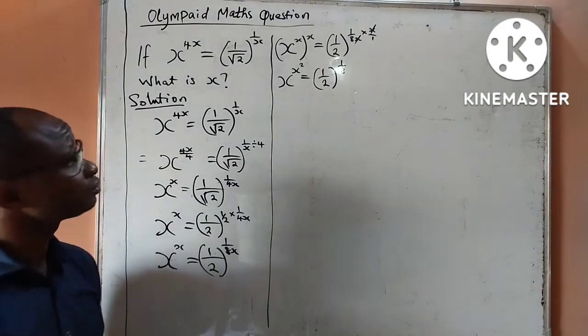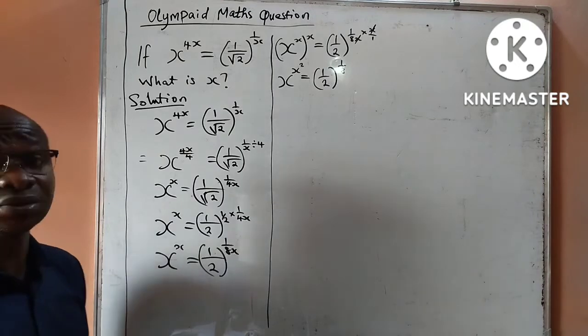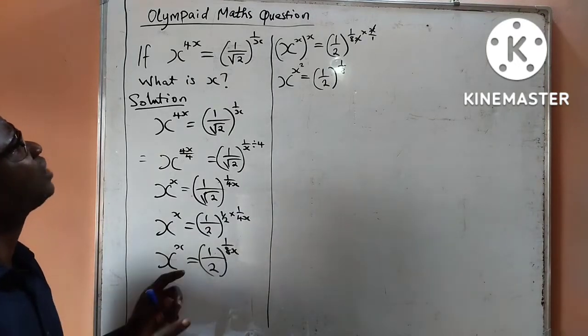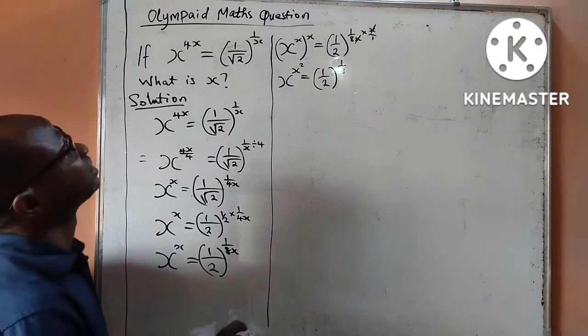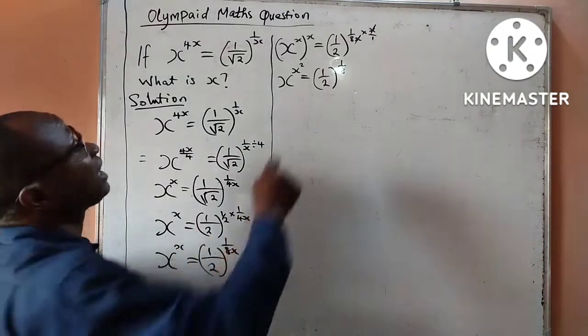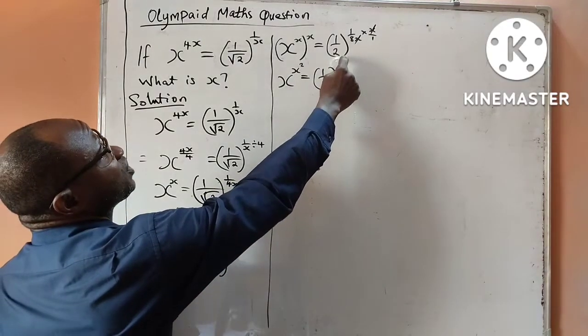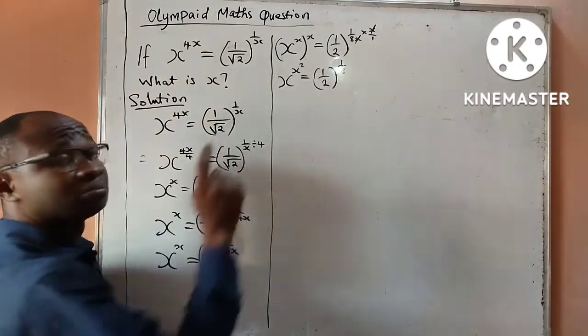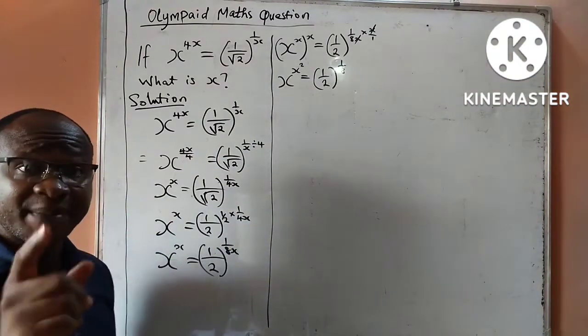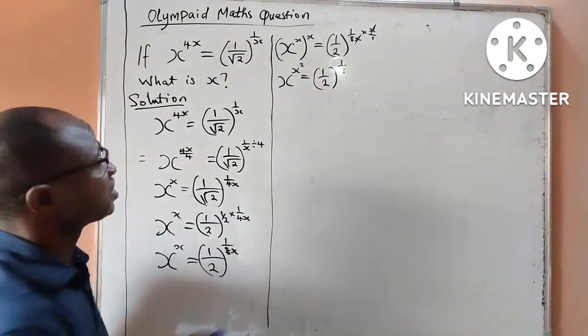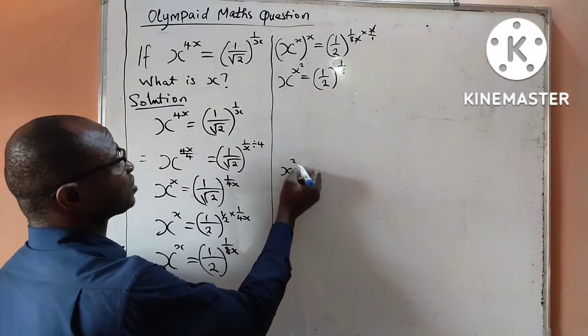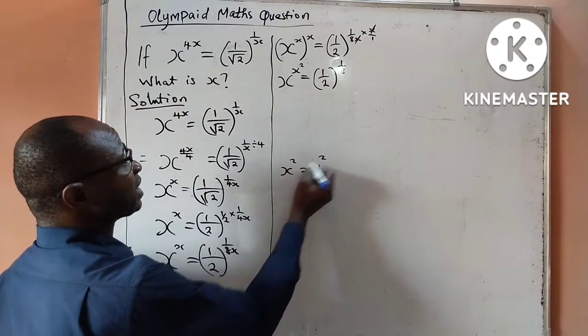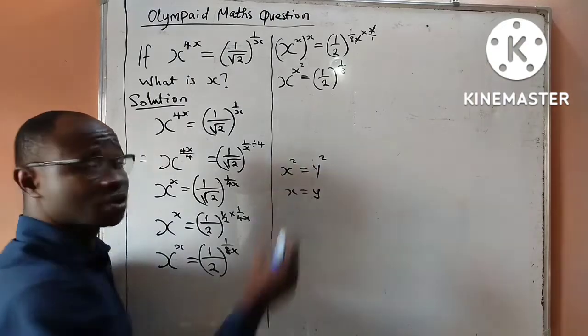We continue. Now, looking at the question, I want to work such that I can get a power of this 1 over 8 to become 2. Remember the law of indices: if x raised to the power 2 is equal to y raised to the power 2, then x is equal to y.